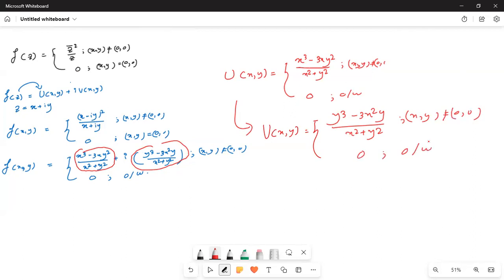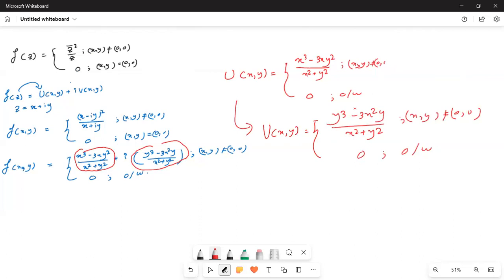Now that we have found both the real part and the imaginary part of the function, we have to evaluate the partial derivative of each of these real variable functions. We want to ensure that this function satisfies the Cauchy-Riemann equations at z equals 0.